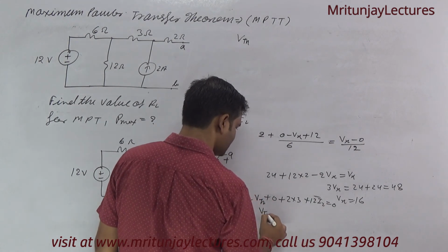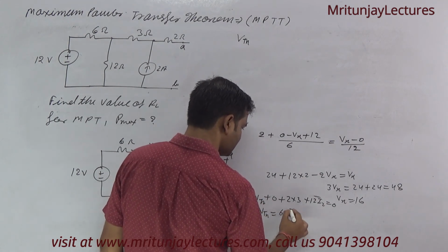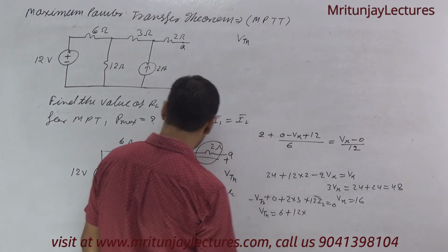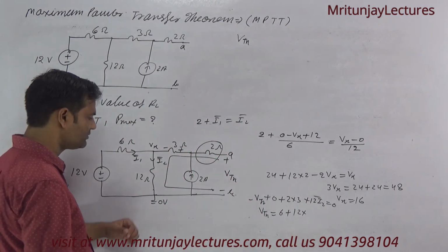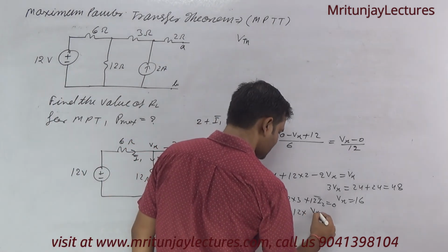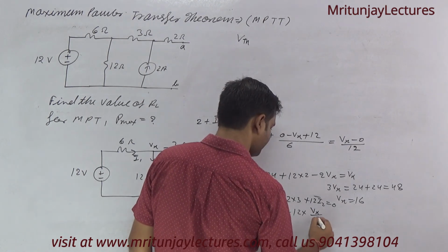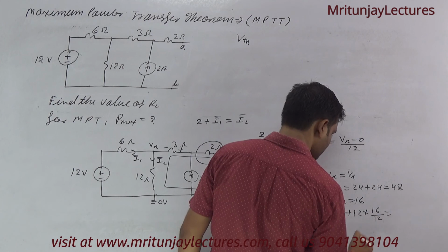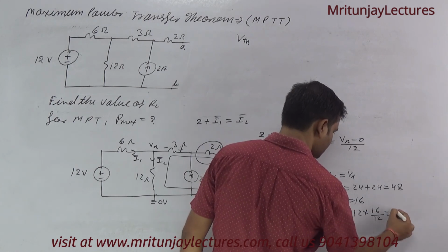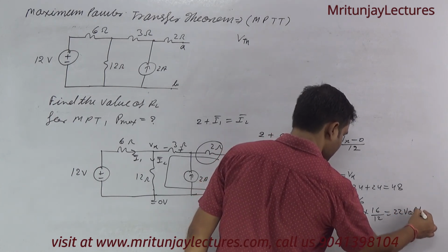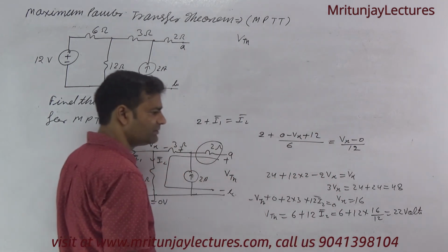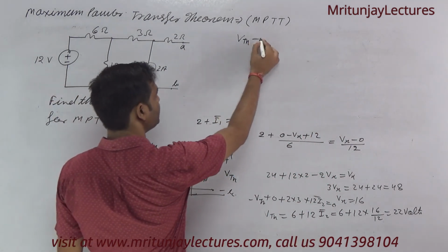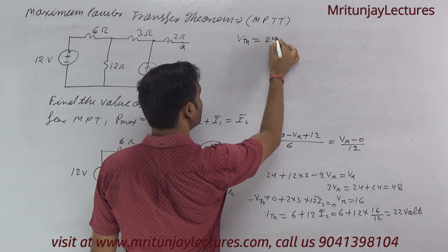So VTH equals 6 plus 12 into I2, where I2 is (Vx minus 0) divided by 12. So 16 plus 6, that is 22 volt. VTH is 22 volt.